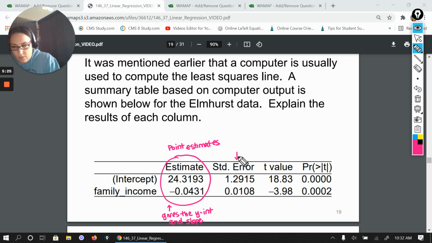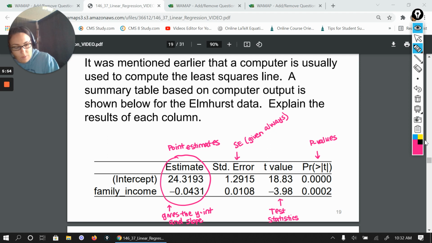The standard error column is always given, so in other words, we're not calculating that one ourselves. The t-value column, these are the test statistics. And the last column, these are the p-values.